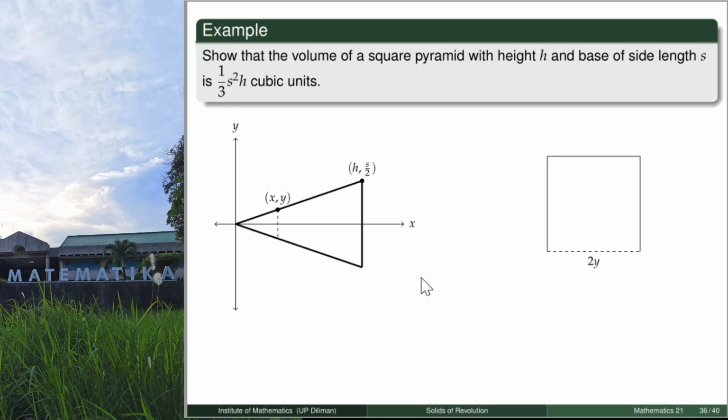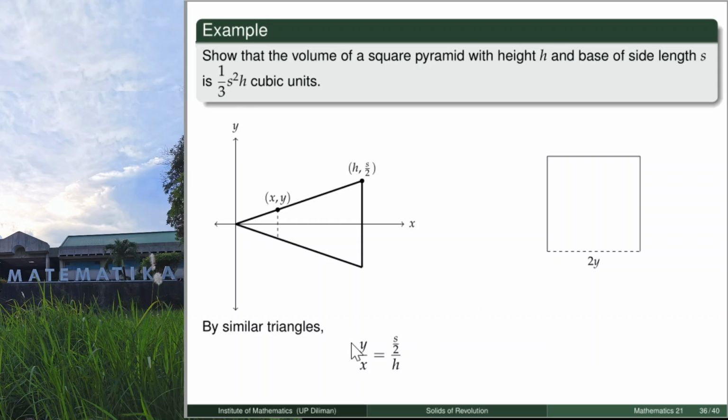Or, another way to find the equation of the line is using similar triangles. Okay? So by similar triangles, this triangle here is similar to this bigger triangle here. Right? So we can have the relationship y over x is equal to s over 2 divided by h.